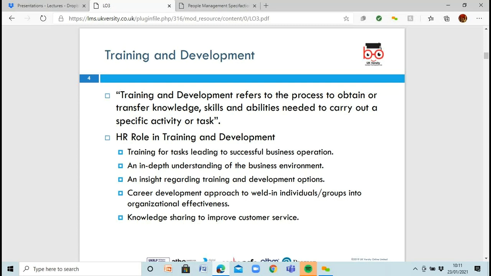Training for tasks leading to successful business operation, an in-depth understanding of the business environment, an insight regarding training and development options, career development approach to weld individuals and groups into organizational effectiveness, and then knowledge sharing to improve customer service.